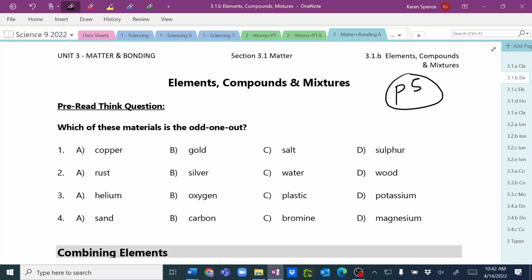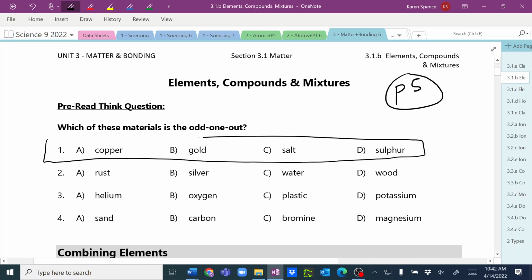Yeah, so it's like these ones here. Which one of those is the odd one out? Okay. Which one of those is the odd one out?